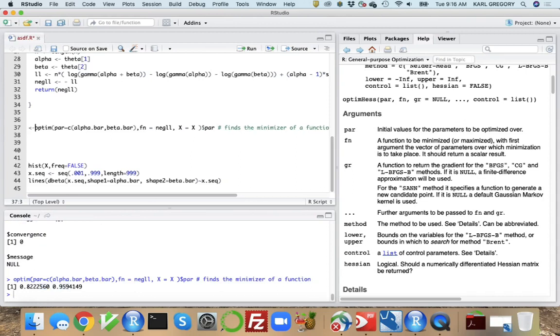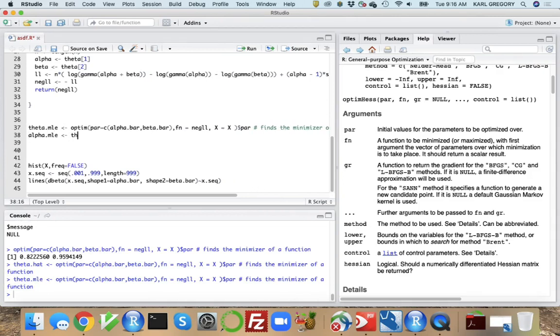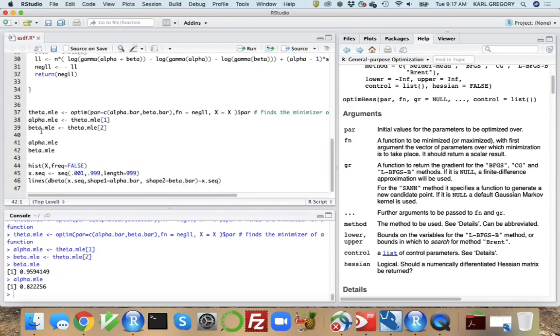So I'm going to store that in something called theta hat, and then my alpha MLE is going to be, why don't I call it theta MLE? That's a little more explicit. Alpha MLE will be the first entry, and beta MLE will be the second entry of that. So let's look at what those values are. Alpha MLE, beta MLE. Okay, these are the values.